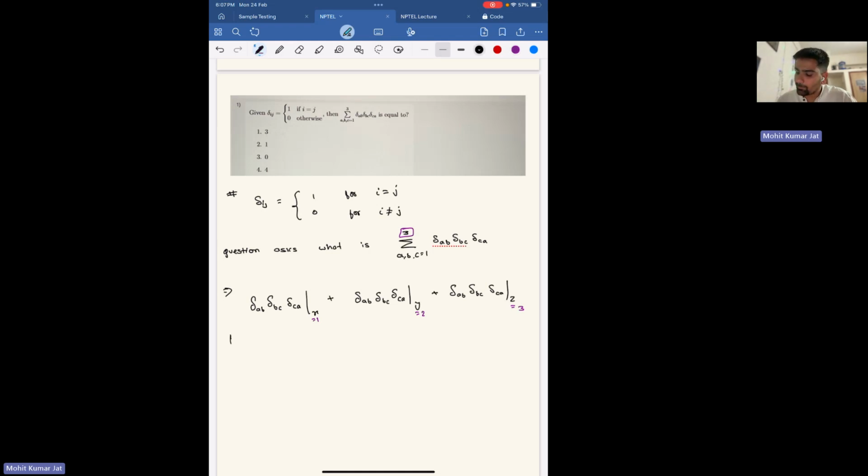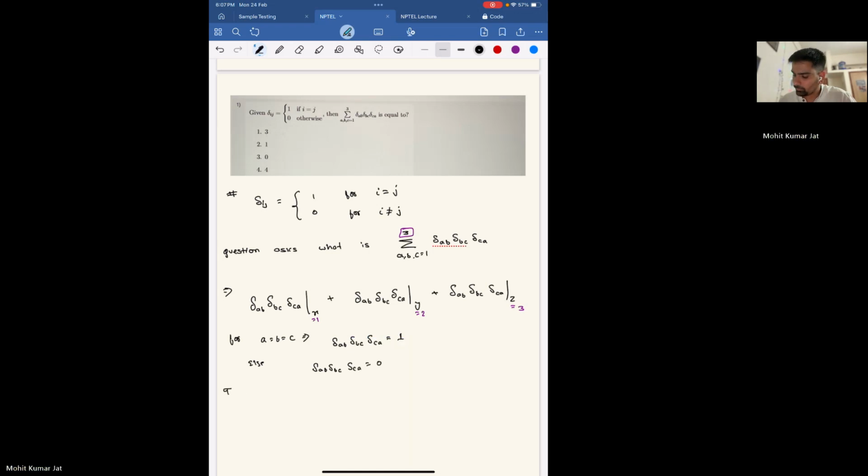Now for a equals b equals c, del ab, del bc, del ca will be equal to 1. Otherwise, del ab, del bc, del ca will be 0.